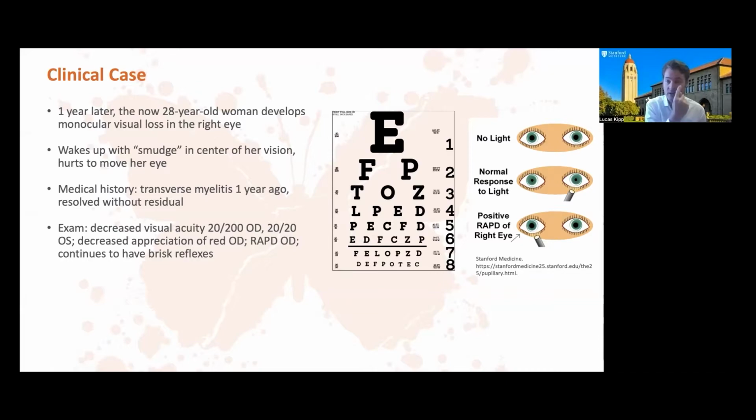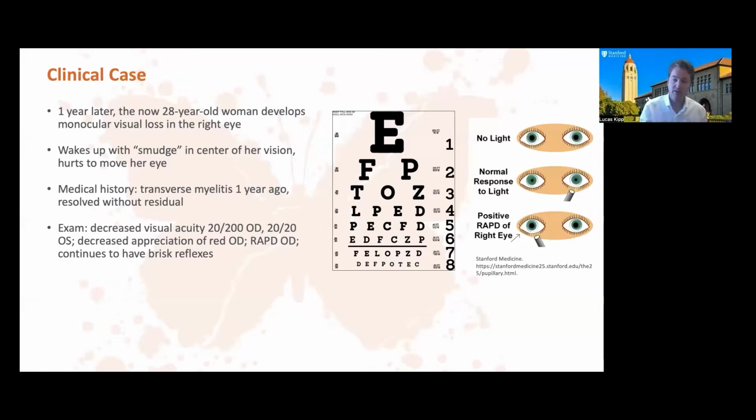Now, in normal eyes, no matter what eye you've got the light in, both eyes should be maximally constricted. And so what happens, though, in someone that has an RAPD, if you swing the flashlight into the affected eye, it actually dilates because not enough light is getting back to the brain to keep the pupils constricted.